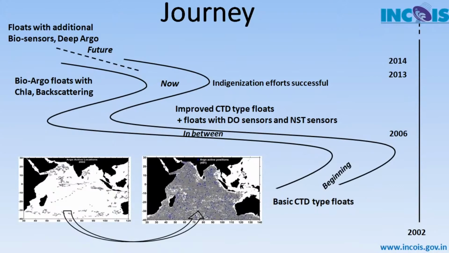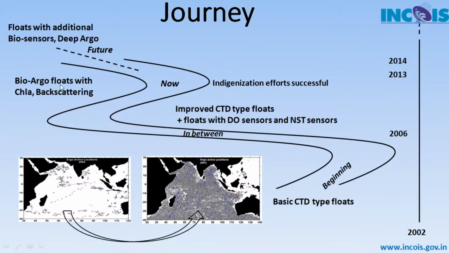So this slide shows the journey, the past, the present, and the future of the Indian Argo program. In 2002, we started with the basic CTD type floats, and deployed a modest 10 floats, and then we went on to acquire floats with dissolved oxygen and near surface temperature sensors, and that deployment was done between 2006 and 2008.